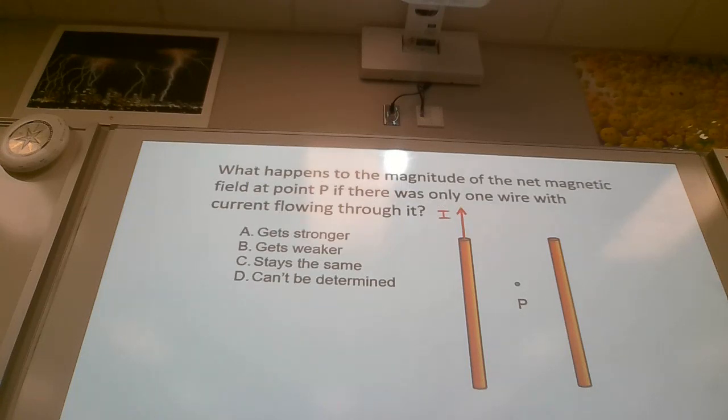Okay. Now, if I turned off the current in the wire on the right-hand side, what's going to happen to the net magnetic field as a result of that compared to this?